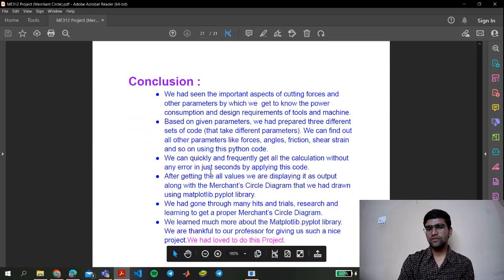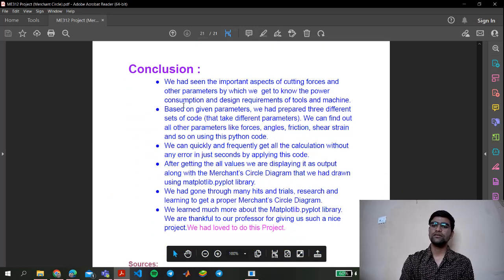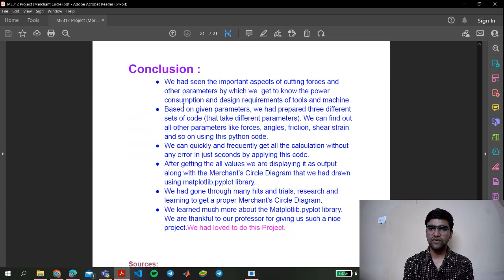In conclusion, we have seen the important aspect of cutting forces and why they are so important. Based on our coding, we can easily determine the various forces, and we can find the merchant circle diagram.